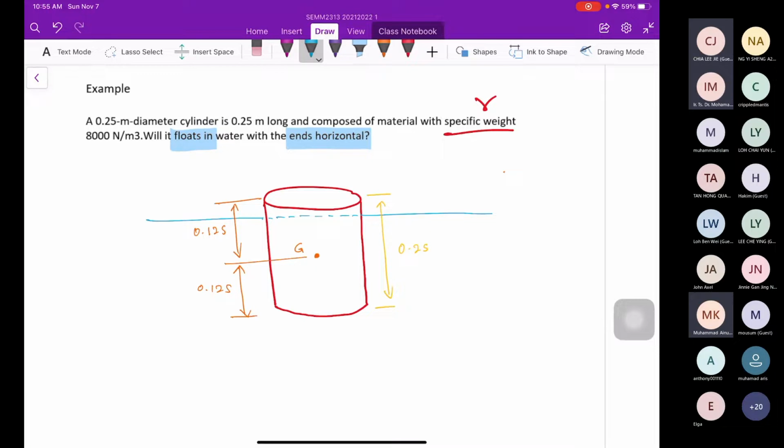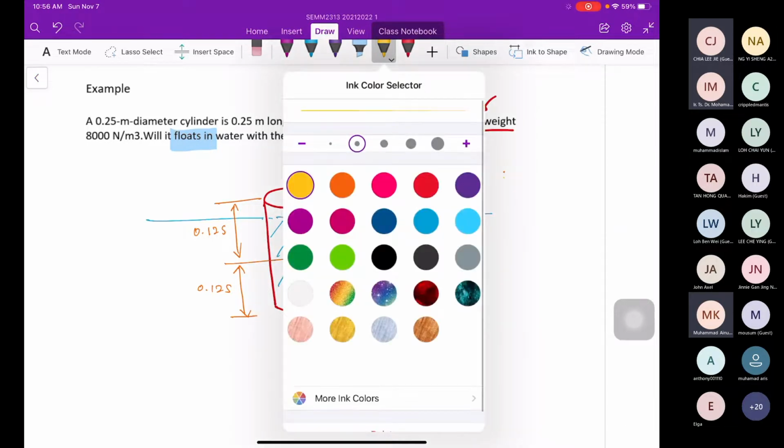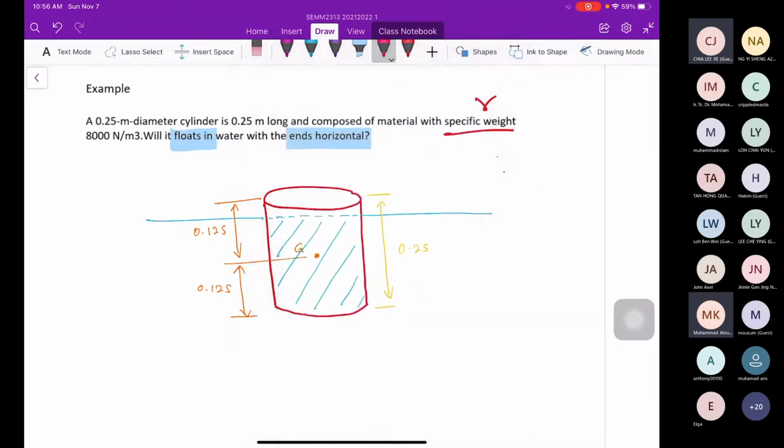Below, perfect. We must refer to the displaced one, so the center of the displaced volume shall be here. This now becomes C.